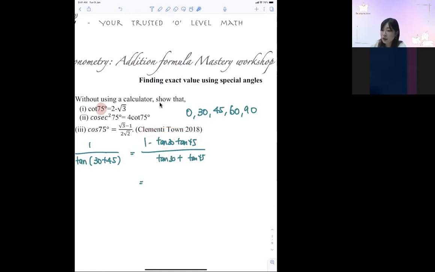Tangent 30 is 1 over square root 3, or square root 3 over 3, correct. What's tangent 45? Tangent 45 is 1. Very good. You're going to sub into everything, okay? Try.